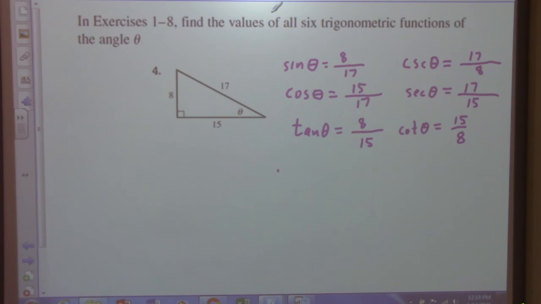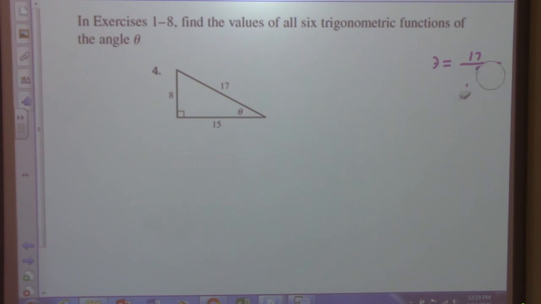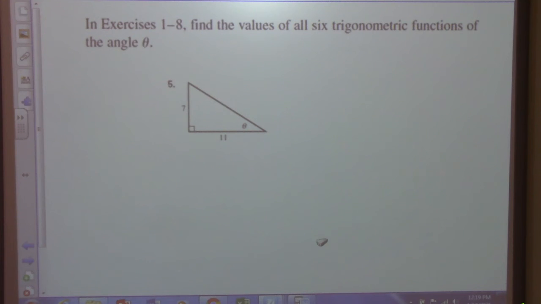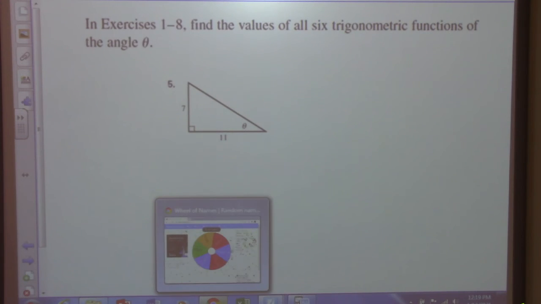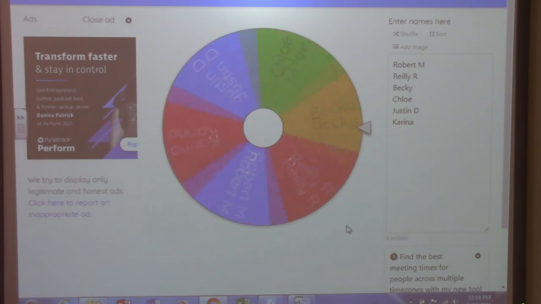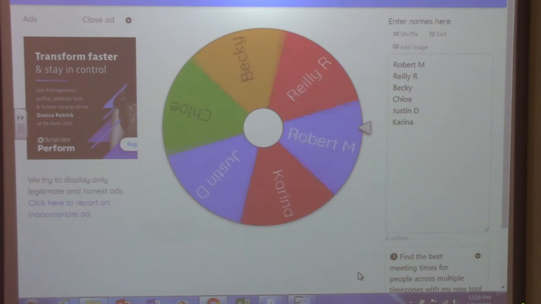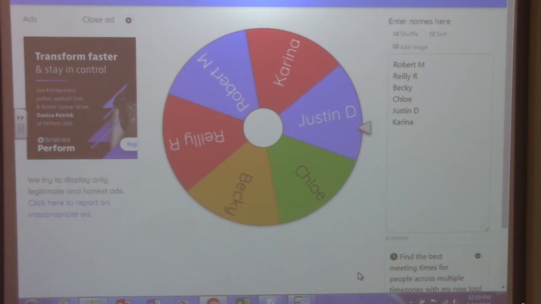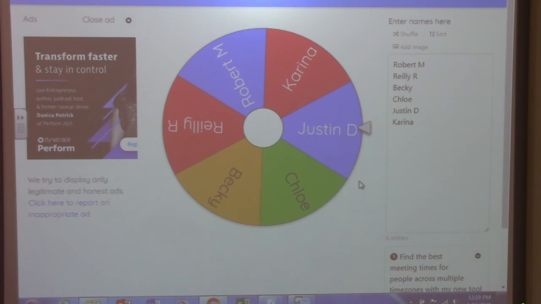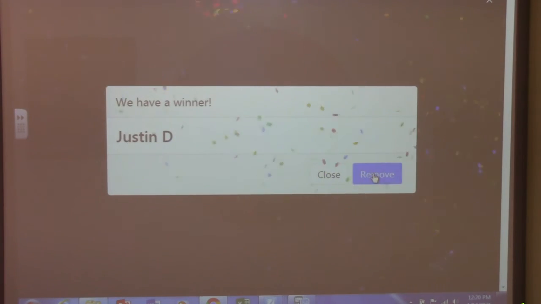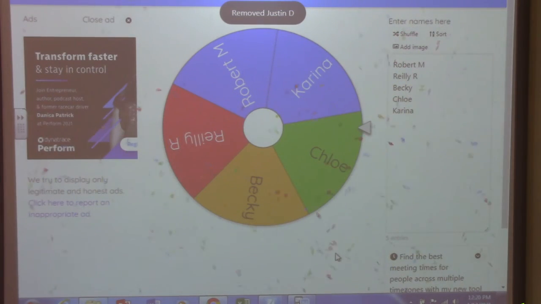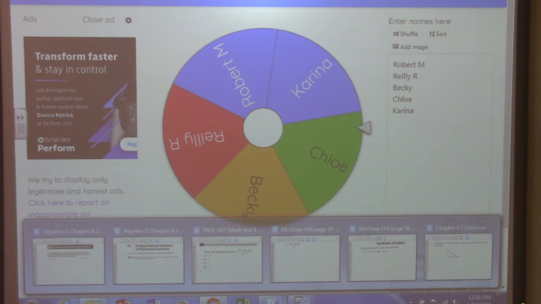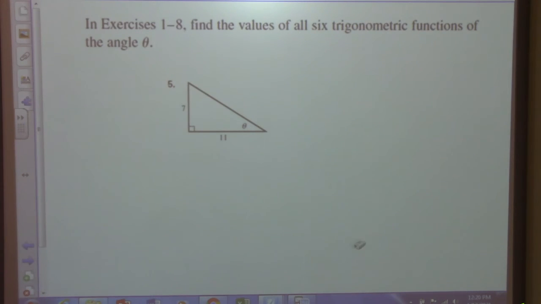Okay, so what I want to do for number 5 is I can work it out, or I can choose somebody to work out number 5. I'm going to choose someone. Justin, I want you to do number 6 instead.